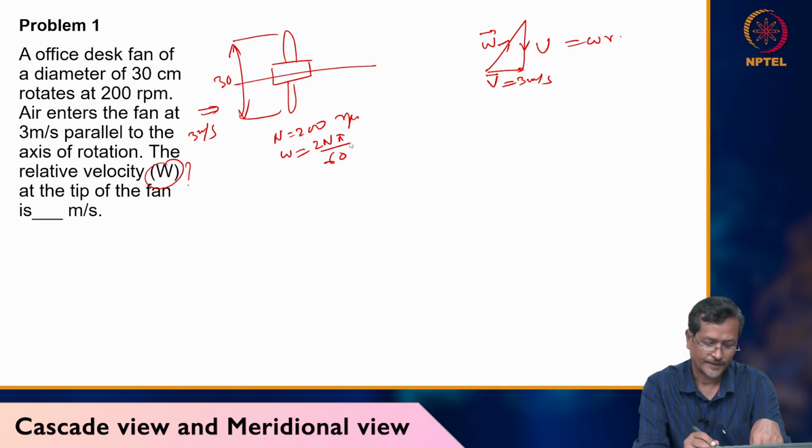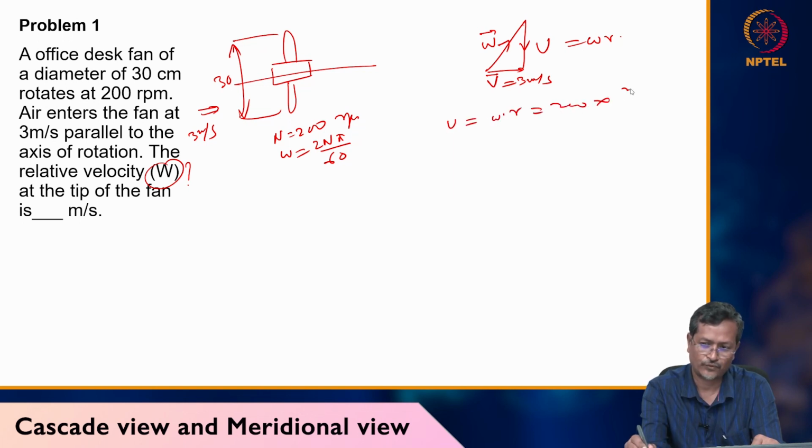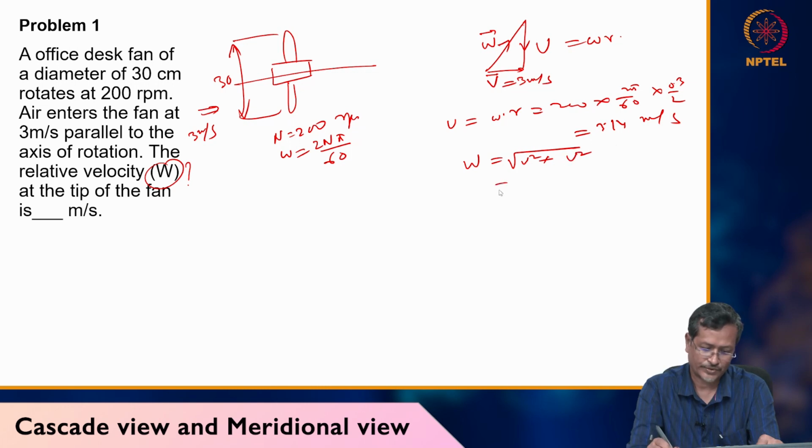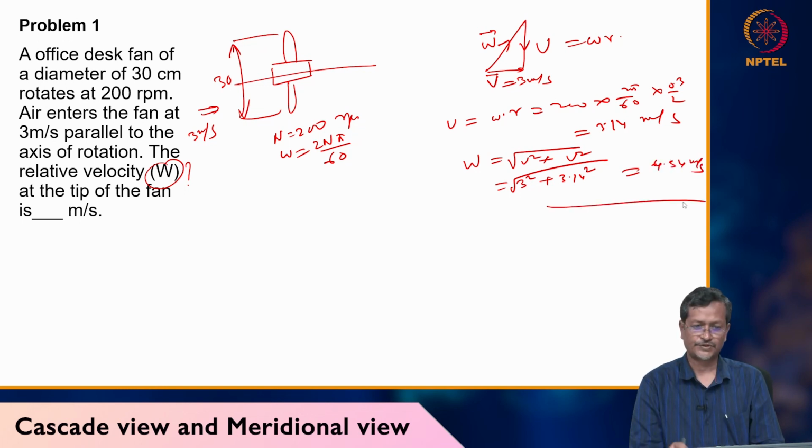So you get omega into r equals 200 into 2 pi by 60 into 0.3 by 2, which is 3.14 meters per second. And relative velocity w equals the square root of v squared plus u squared. So you get 3 squared plus 3.14 squared, and it comes to 4.34 meters per second. So this is your answer.